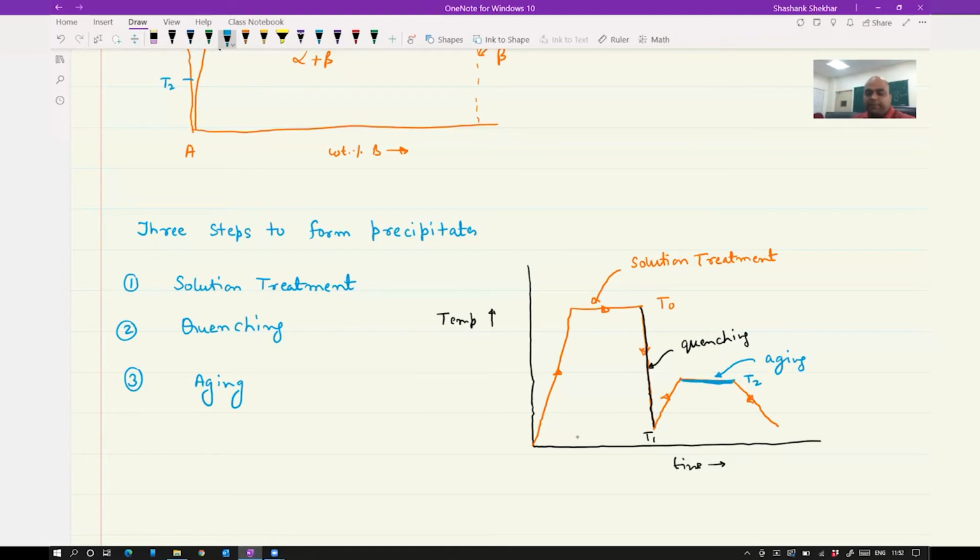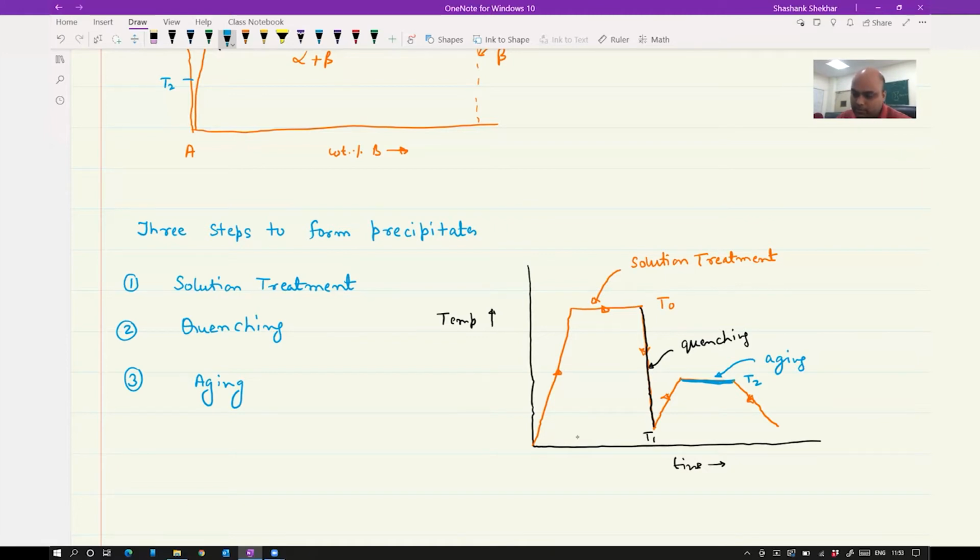Then you subsequently cool it down after you leave it there for some time. So this is the overall process. We start with solution treatment, then we go to quenching, and then we age it, and thereby we form precipitates in the given aluminum alloy.